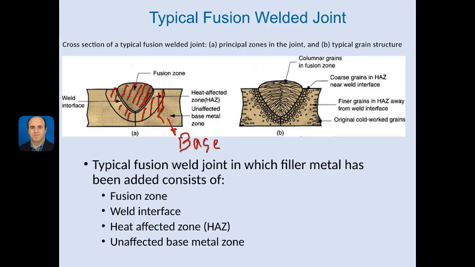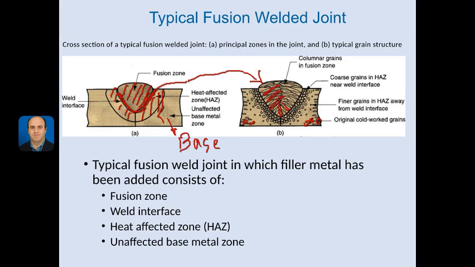I forgot to mention, this is the weld interface. For example, you can see the microstructure of a weld. At the base metal, we have large grains. In the weld zone, we have columnar grains.